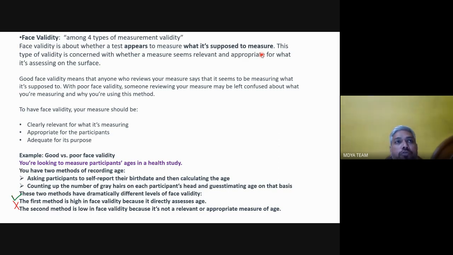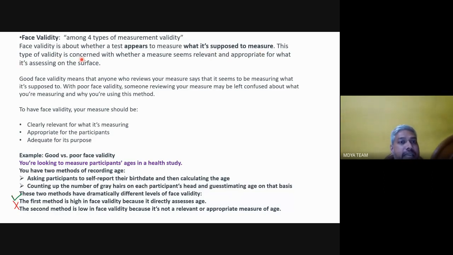And if you ask how the taste of the coffee was, or how the taste of a pakoda was, that will not appear the same, and it won't measure what you intended to measure, right? So face validity is about whether a test appears to measure what it's supposed to measure.